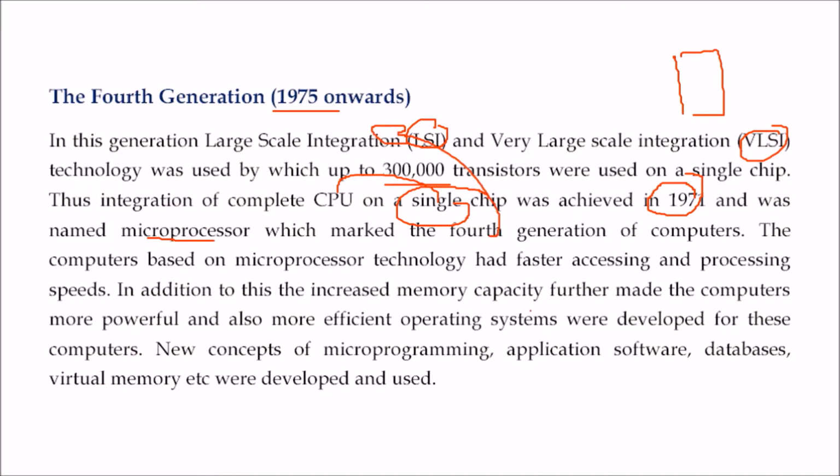Computers based on microprocessor technology were very fast. The speeds were immense, and the memory capacity also increased. There were efficient operating systems, and microprogramming, application software, databases and virtual memory, all these concepts were in the fourth generation.